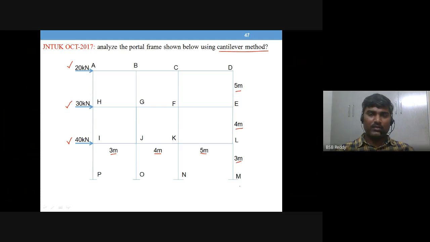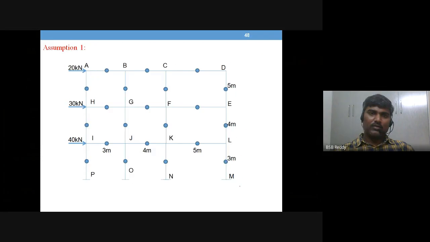So let's start with step 1, to calculate column axial loads. For that, what you need is to first put assumption 1, then prepare the frame. So draw the given frame, then apply assumption 1, then prepare the frame.